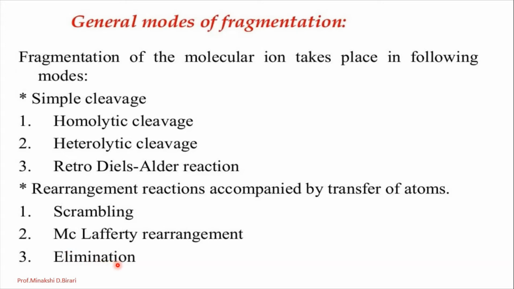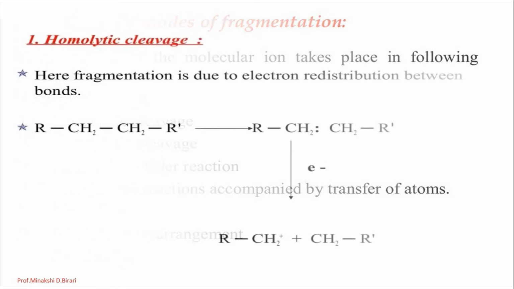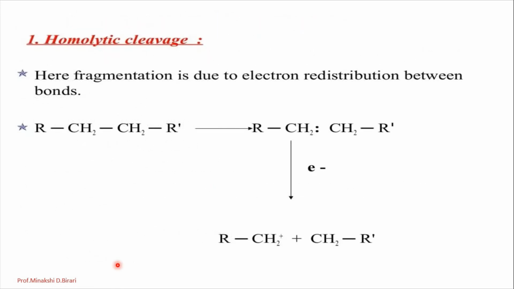So let us see the fragmentation by different terms. First of all, homolytic cleavage. Homolytic cleavage is also known as alpha cleavage. So it is one of the simple cleavages. Homolytic cleavage is initiated by the radical site.